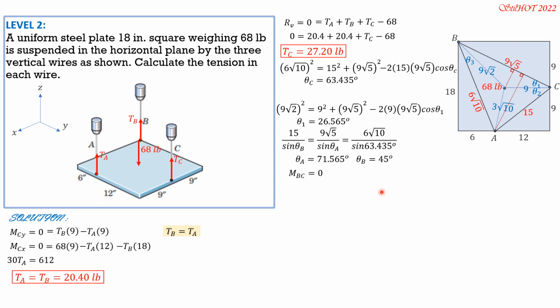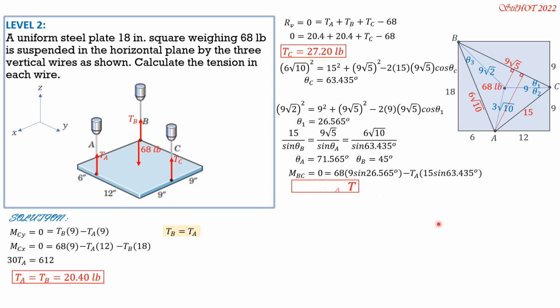So moment about BC equals 0. By right hand rule, the positive is 68 times this distance, which is 9 sine of theta 1. Again, this distance from this right triangle is hypotenuse 9 sine of theta 1, and theta 1 is 26.565, minus tension A times this perpendicular distance to BC, which is 15 sine of theta C, which is 63.45 degrees.